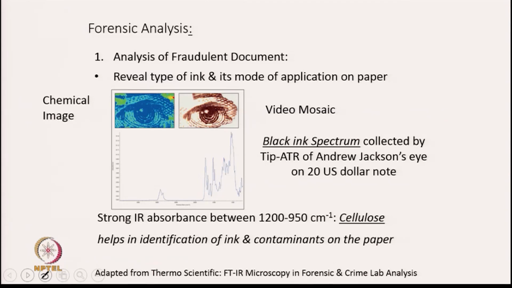Here is the Andrew Jackson eye on a $20 note. This is the chemical image of the eye, and here is the video mosaic of that eye. The lower panel shows the black ink spectrum collected by tip ATR for the Andrew Jackson eye.